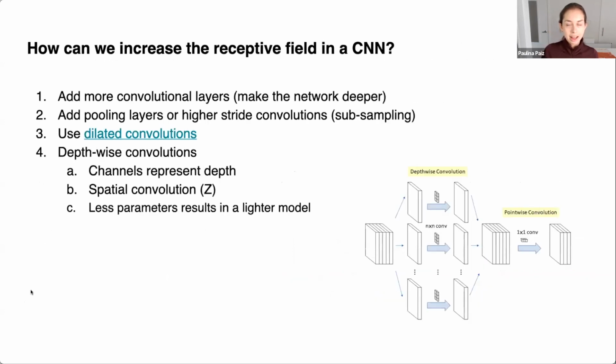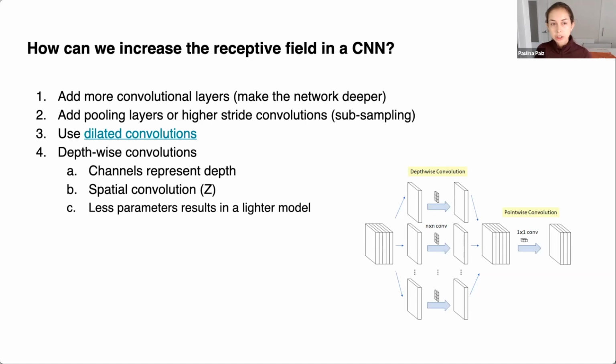So I looked this up on Google: how can we increase the receptive field in a CNN? Because I'm sure it was one of the first questions that the authors were thinking of when they were trying to improve Basenji 2. One of the options is to add more convolutional layers, to make the network deeper. Obviously, this has some hardware implications, and so it's not necessarily feasible. The second one is to add pooling layers or higher stride convolutions.